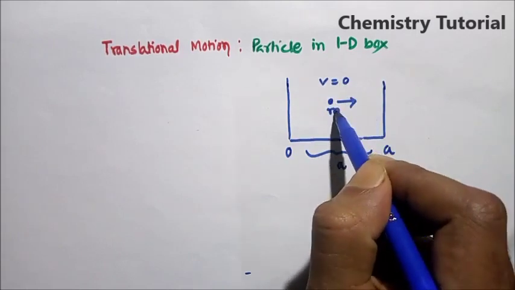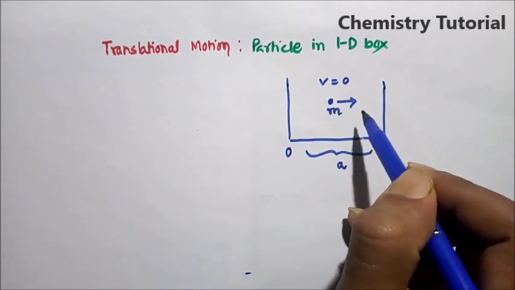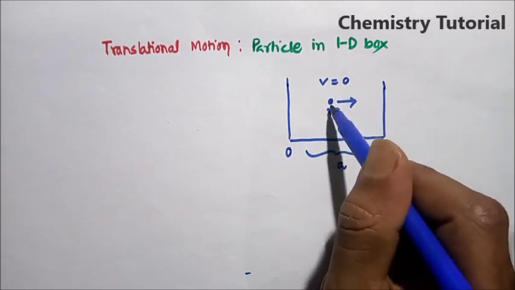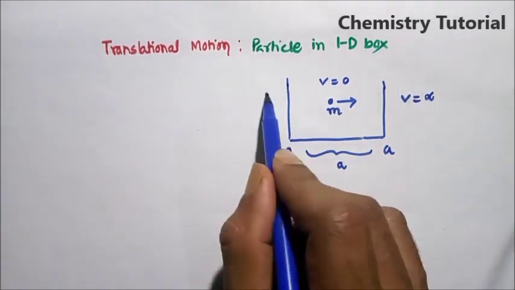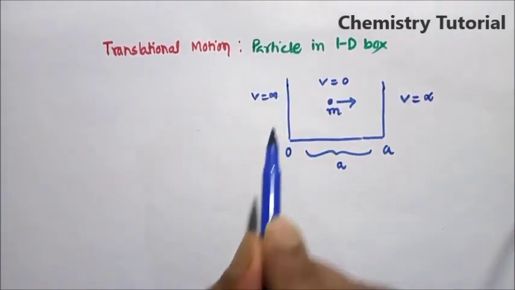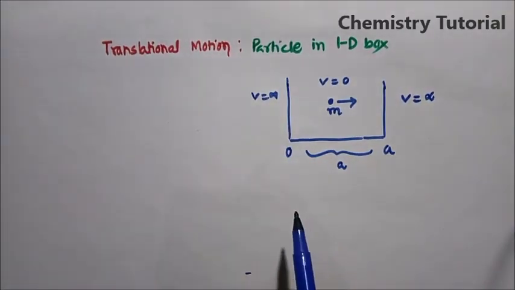We also consider that inside the box the potential energy is 0. That is, inside the box all the energy is the kinetic energy of the particle, and outside the box the potential energy is infinity.